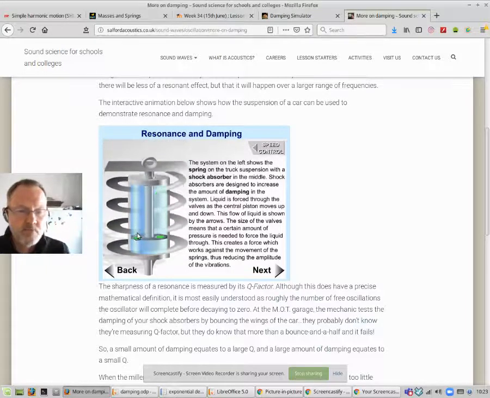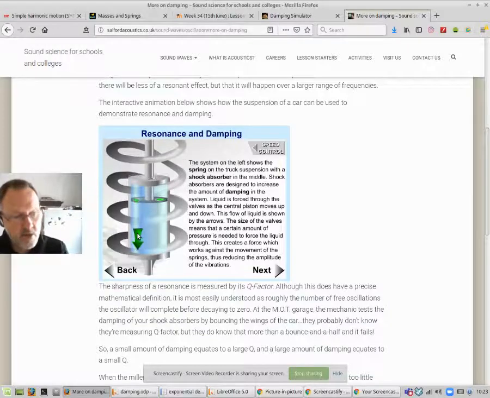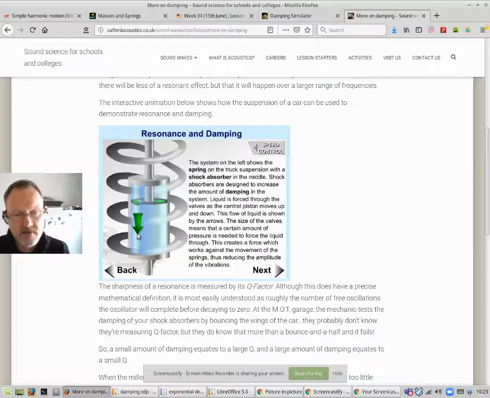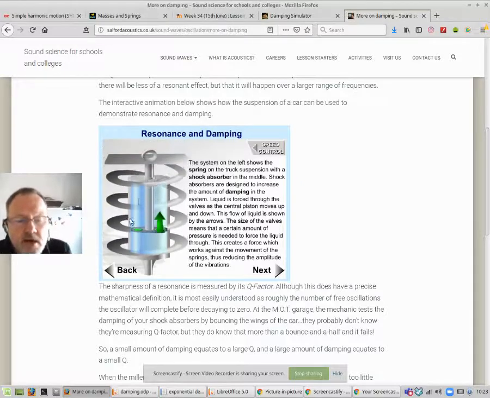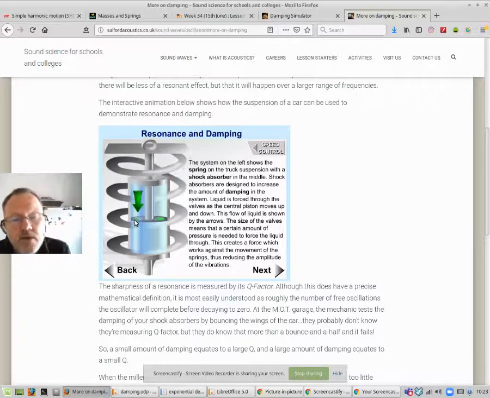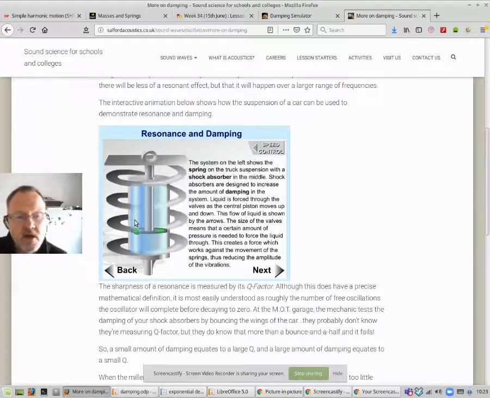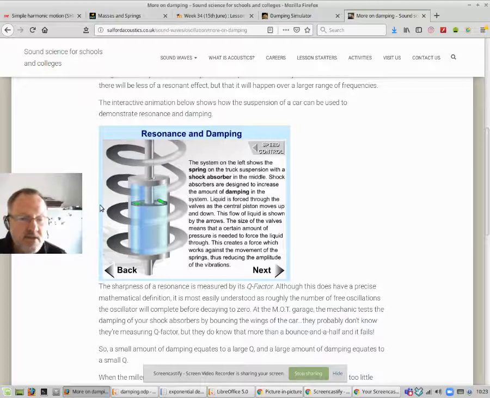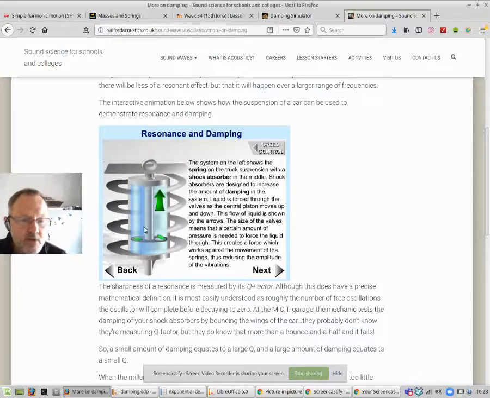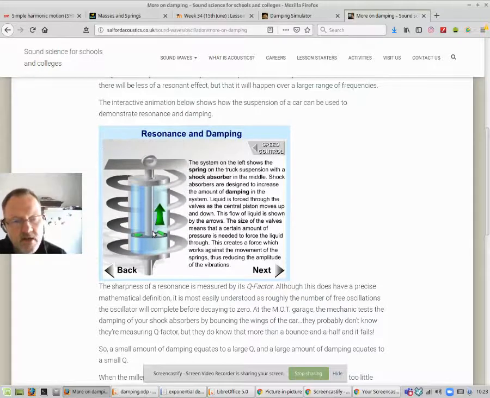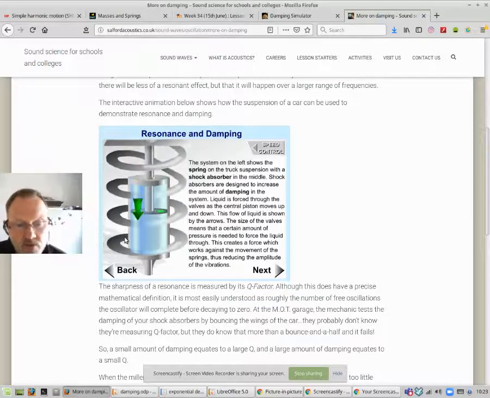But the liquid provides the resistive force. And remember, we were looking at the resistive force much earlier when we were looking at the direction of the arrows. So this is a good example of how you can produce damping in a real mechanical system. This is quite a simplified model of it, the diagram here. They are sometimes much more sophisticated than that, but this is just one way that you can produce the damping.